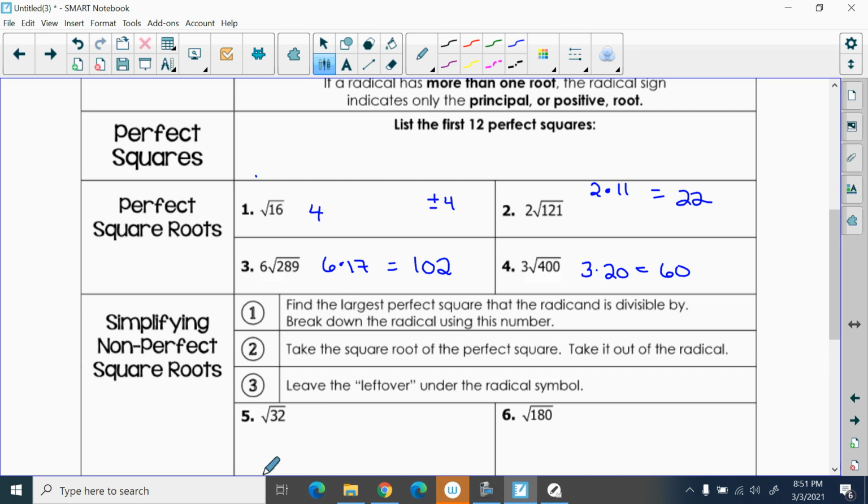Now, the reason why we want to simplify them is if you take a square root of a non-perfect square, it's what we call an irrational number because it's a non-repeating, non-terminating decimal. And just like pi, it's very difficult to actually express accurately, so we usually put things in radical form.